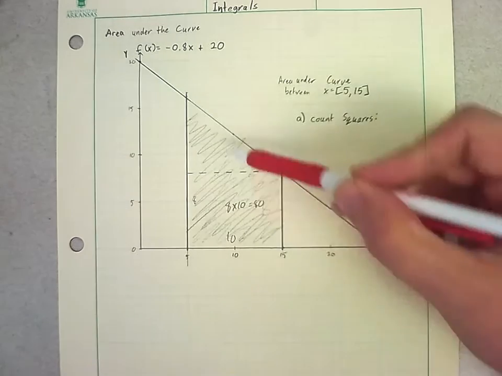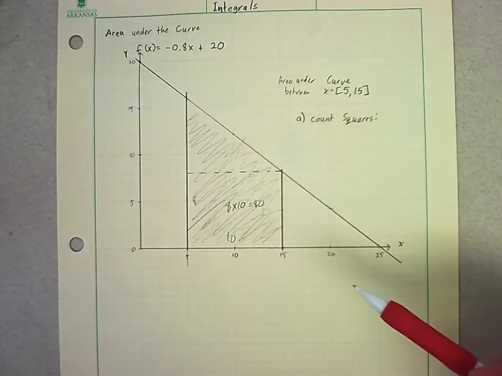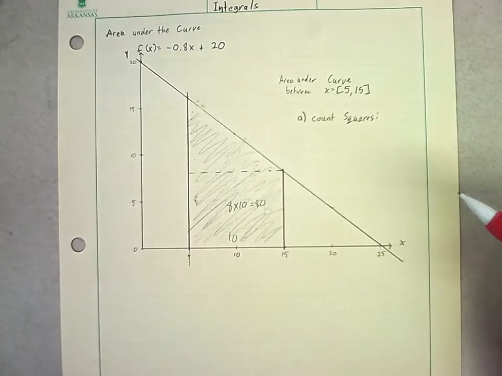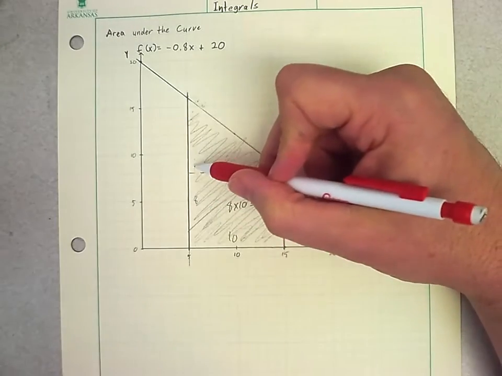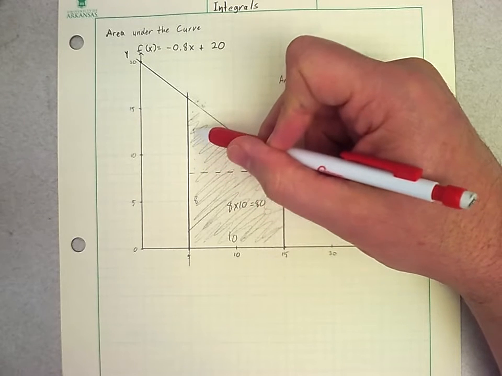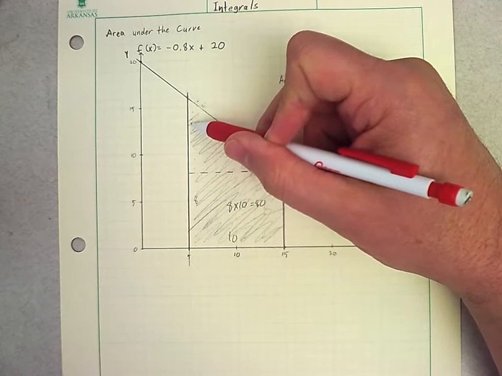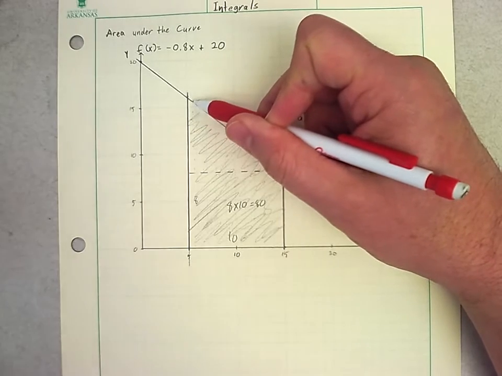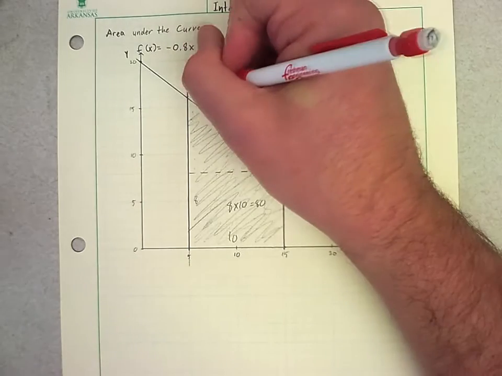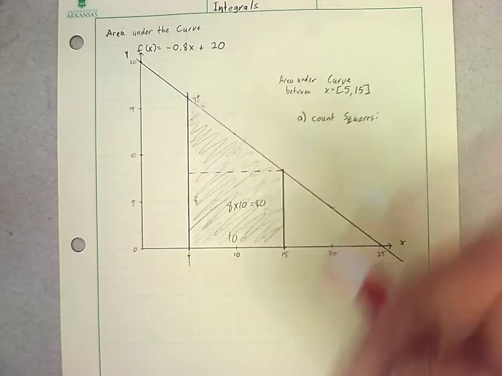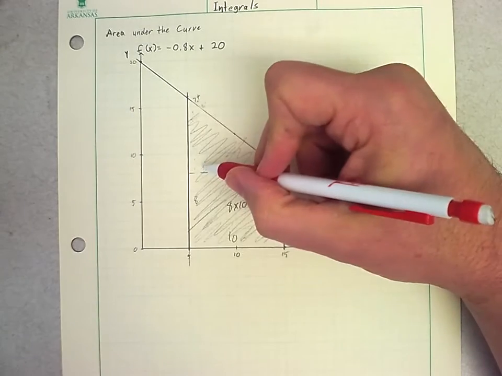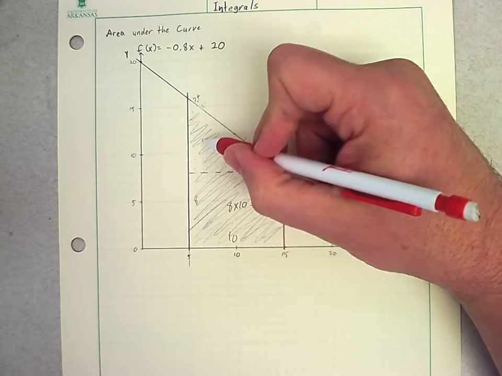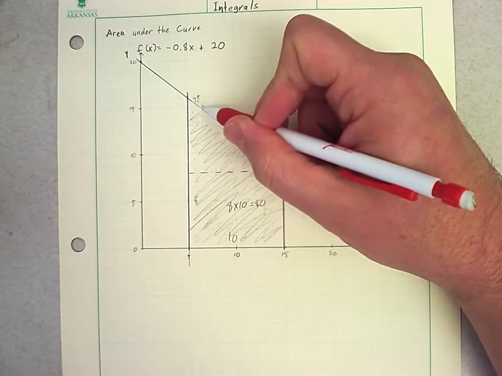and then start counting how many extra are on each column. One of the things I run into immediately if I start counting these, 1, 2, 3, 4, 5, 6, 7, is that I have a little bit left over. So I'm just going to call that 7 plus. I only want to count full squares. If I go to the next row, 1, 2, 3, 4, 5, 6, and that's 6 plus a little bit more.